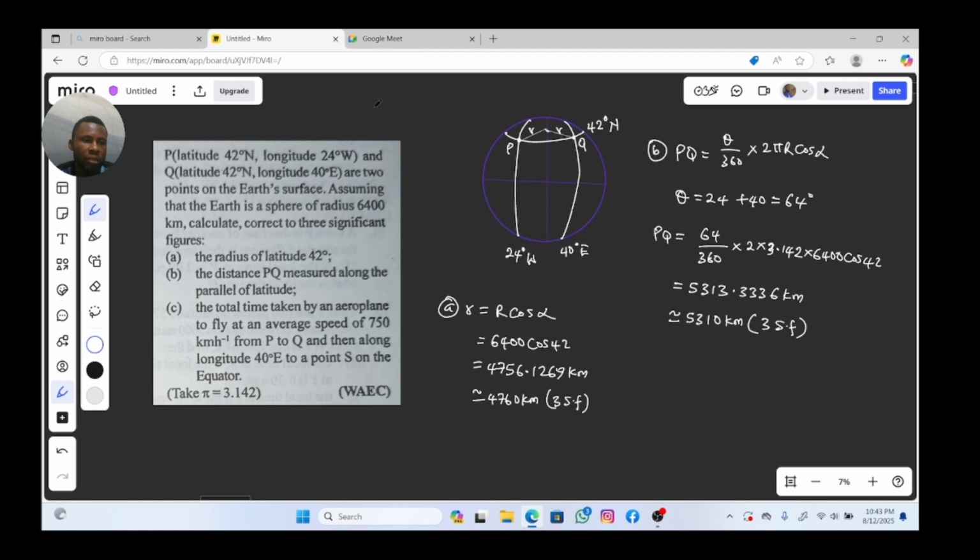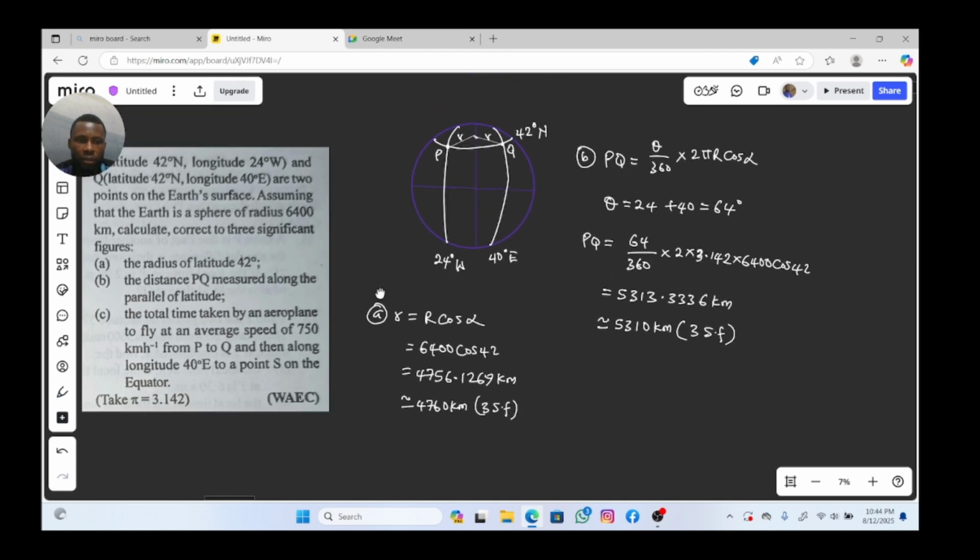So that's for that one. Now thirdly, the third one says we should find the total time taken by the aeroplane to fly at an average speed of 720 kilometers per hour from P to Q, and then along the 40 degrees east to another point X on the equator.